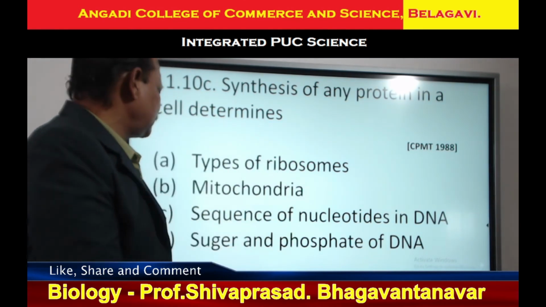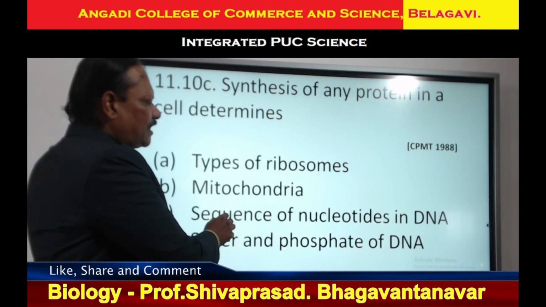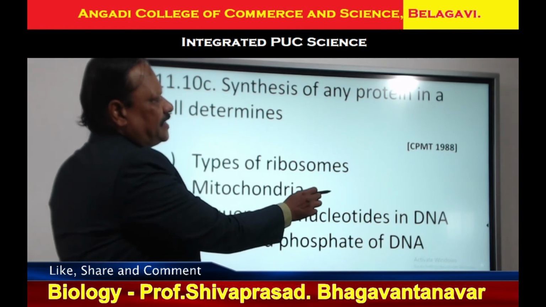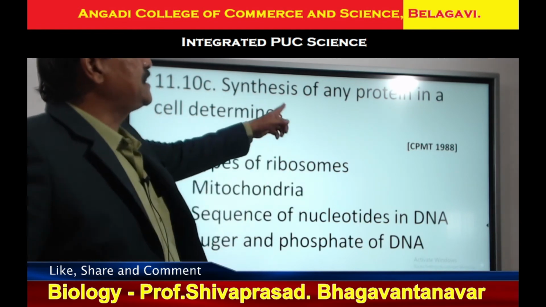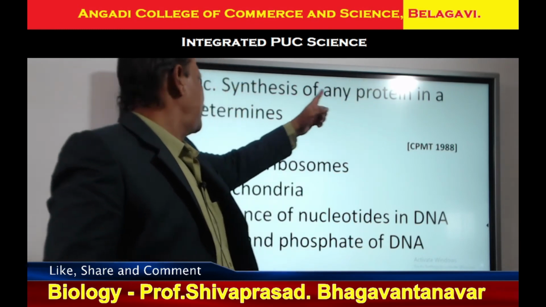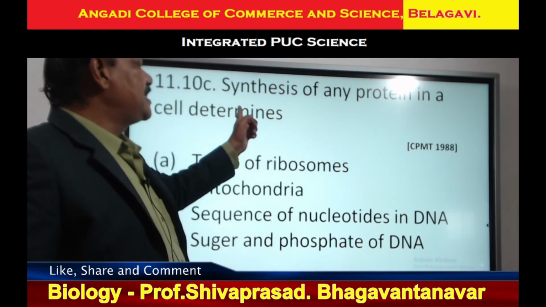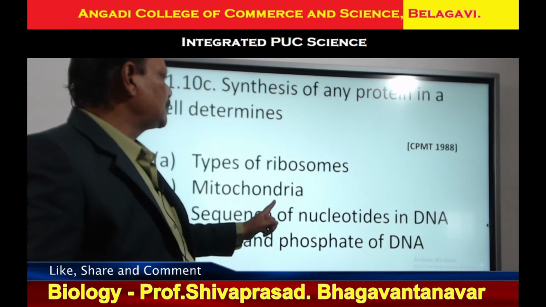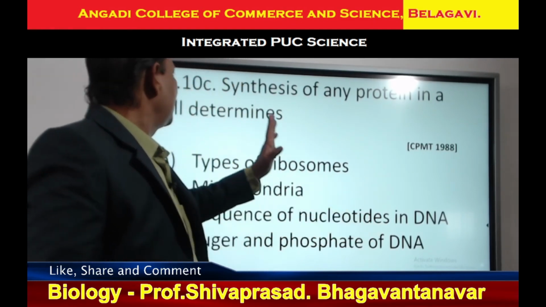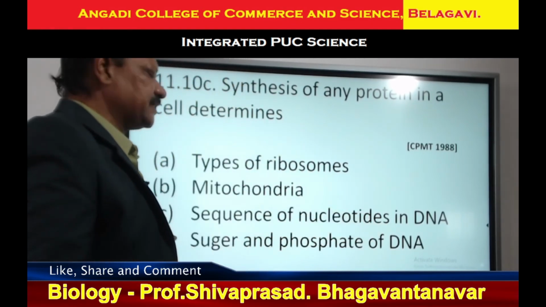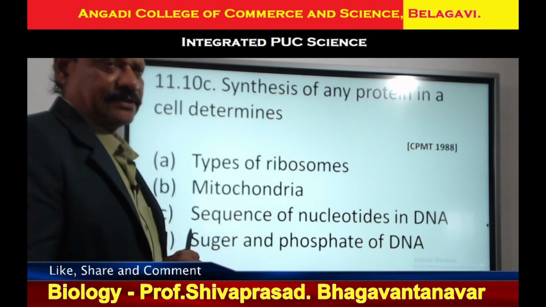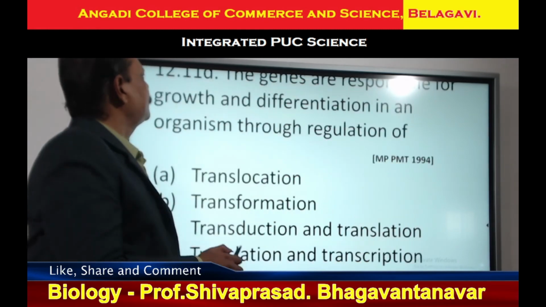The right answer is C, sequence of nucleotides in DNA. The synthesis of any protein in a cell determines sequence of nucleotides in DNA. So, option C is the right answer.